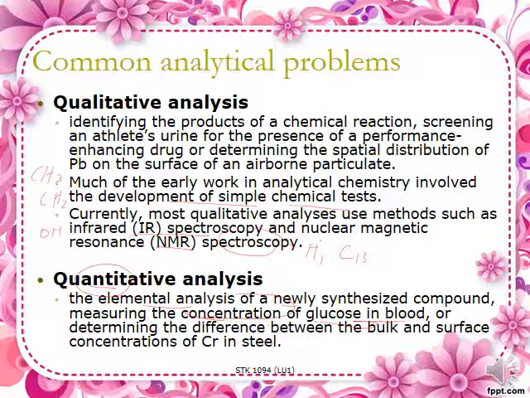Determine the difference between the bulk and also the surface concentration of chromium in steel. So what is the concentration of chromium in steel at the surface, as well as the bulk?